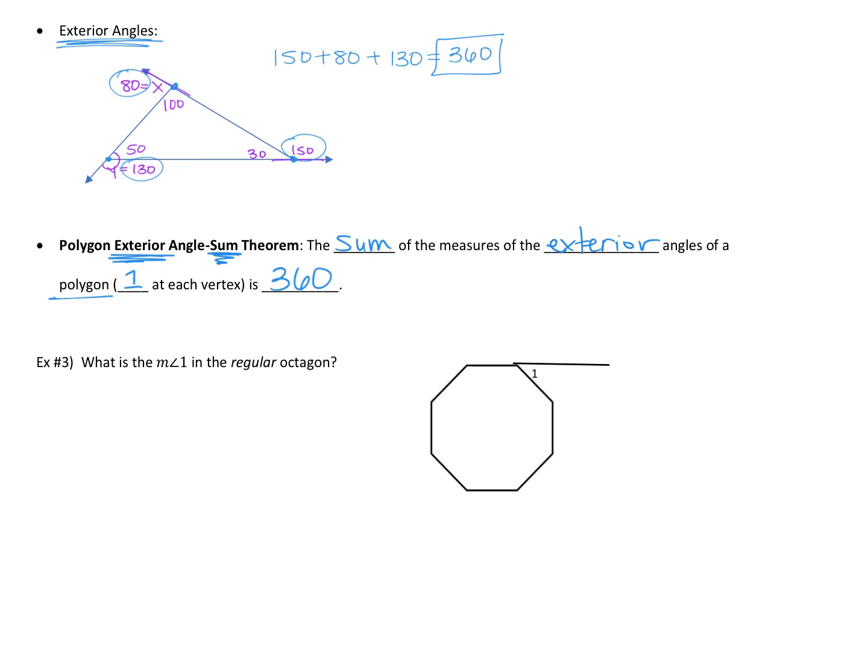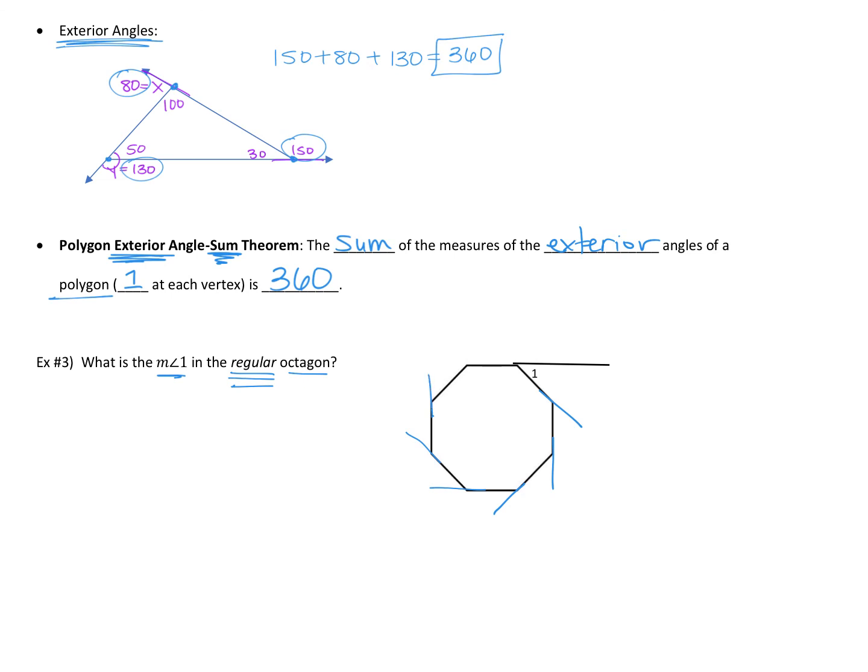So if you look at this picture, it says, what is the measure of angle 1 in the regular octagon? What is a regular octagon? 8 sides. All sides, all angles are congruent. Okay, so if I were to draw every exterior in right now, how many exterior angles do I have?